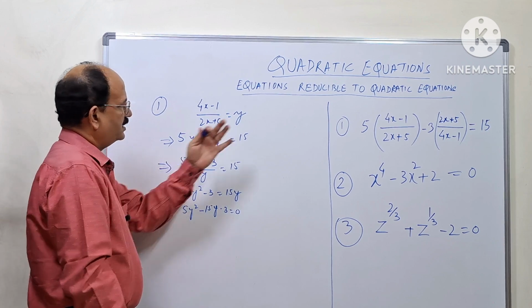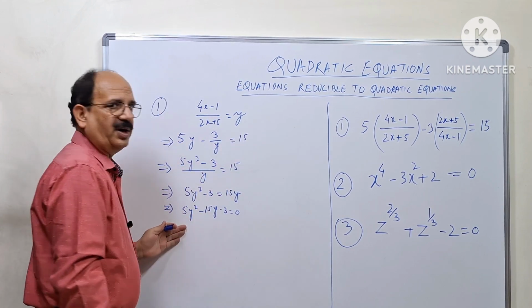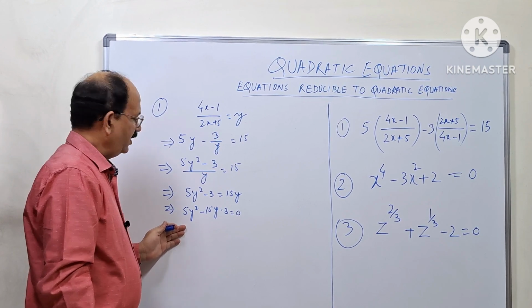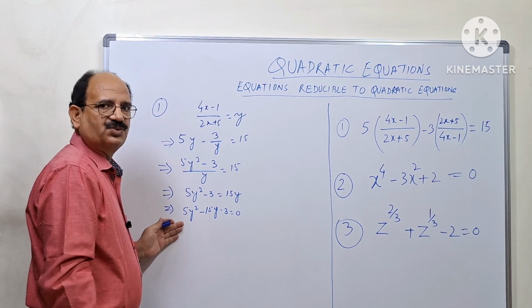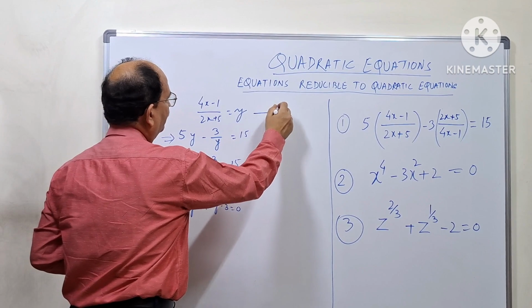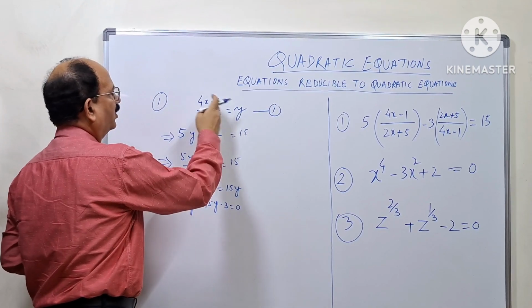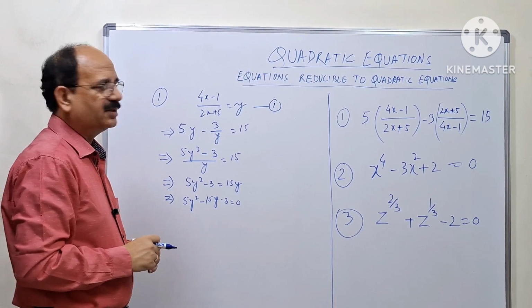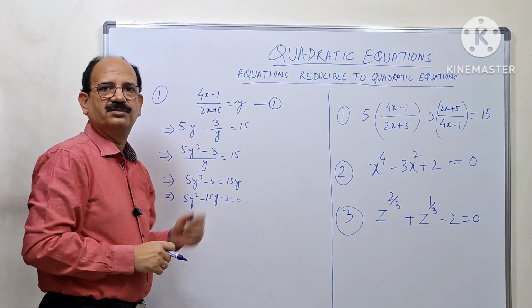So this equation now gets converted into a quadratic equation in terms of y. Once you solve this quadratic equation for y, you go back to the first step, convert from y into x, and find the value of x. That is how you solve this equation.